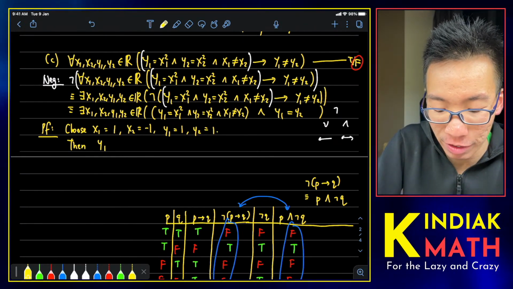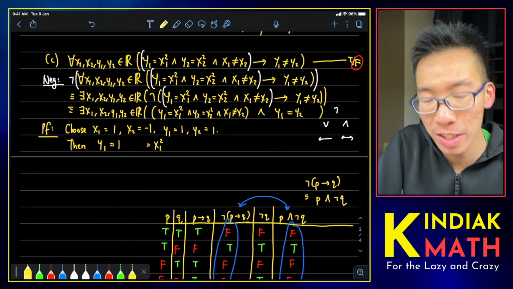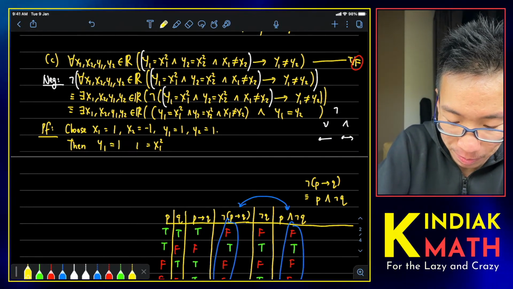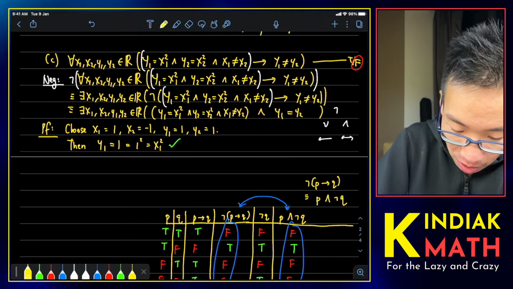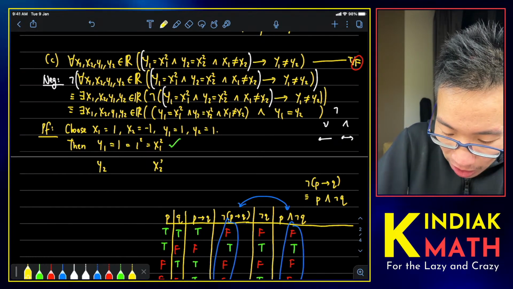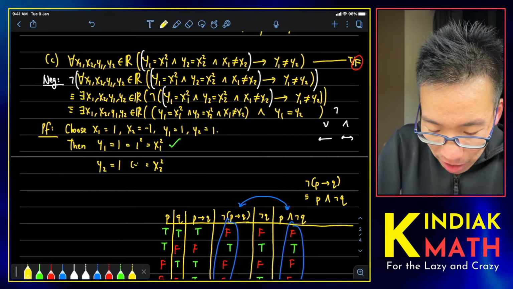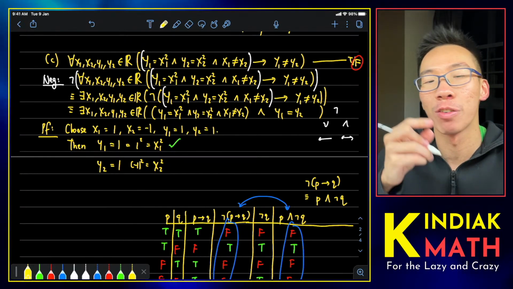Let's check if y1 equals x1 squared, where y1 is 1 and x1 is 1, so x1 squared is 1, and these two do indeed work out. For y2 and x2 squared, let's check again. y2 is 1, x2 squared is minus 1 squared, and 1 does indeed equal negative 1 all squared.